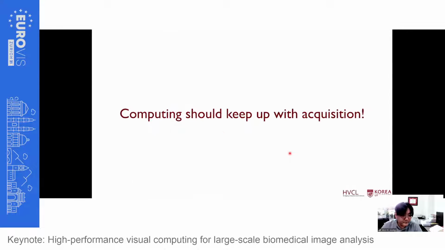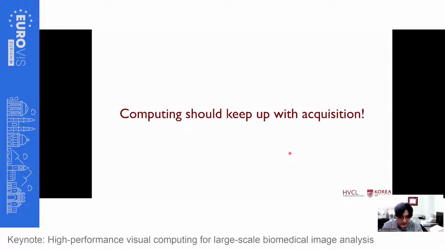So for the two cases, in situ processing and high throughput computing, they have some things in common. For example, the idea is that they try to keep up with the imaging or data generation rate with the computing, which means they try to overlap the computation with the acquisition so that we can make all kinds of real-time or online processing.